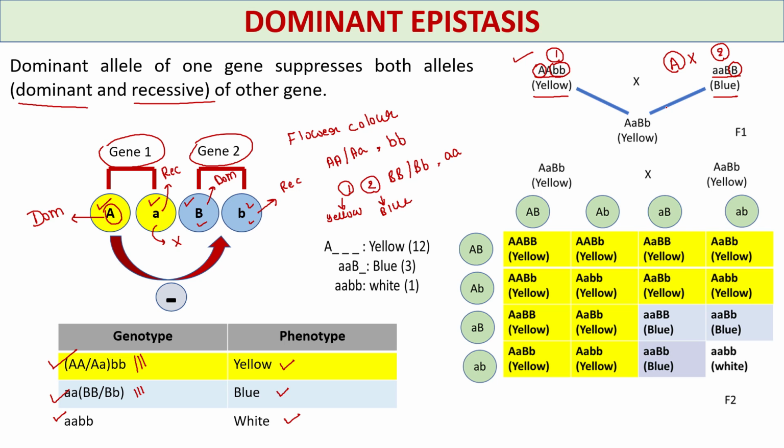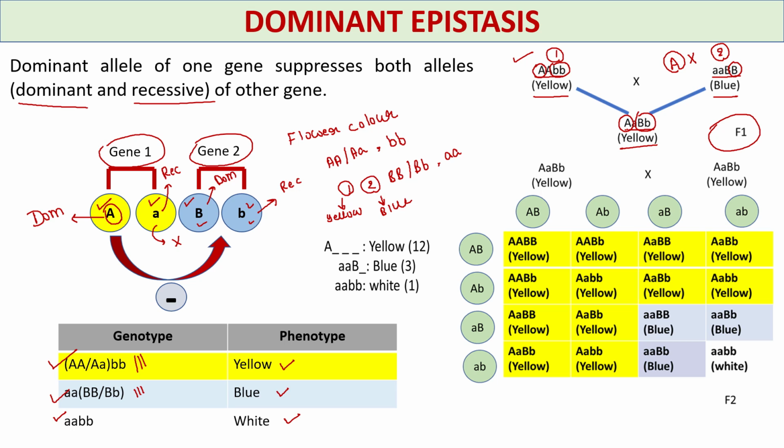When these two parents are crossed, their offspring in the F1 generation will have genotype capital A small a, capital B small b, and their color will be yellow because they have one capital A allele which is suppressing both capital B and small b alleles.